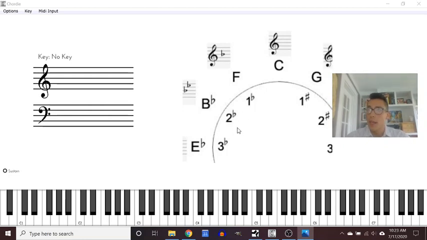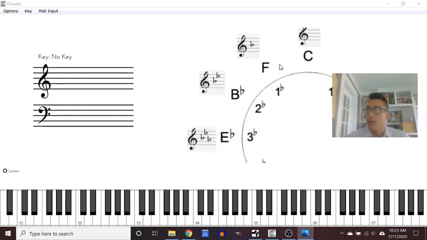Now when we go to 2 flats, you don't have to memorize 2 different pieces of information, because if you look closely at the key signatures, they build off of each other. So F has 1 flat, that B flat right there. If we move to the key of B flat, it's going to have 2 flats. And notice it starts with that same flat. It's the same as the key before, and then adds 1 other flat, in this case E flat.